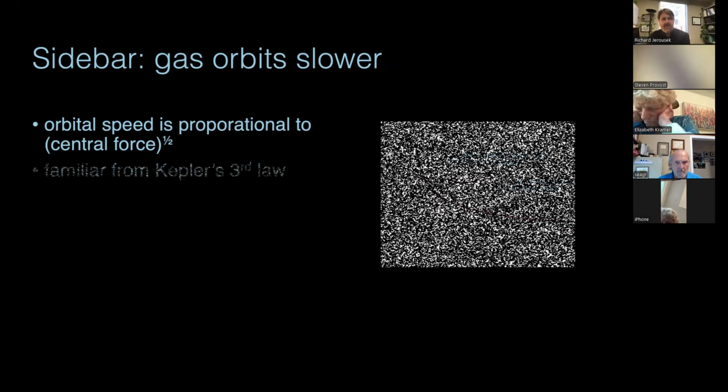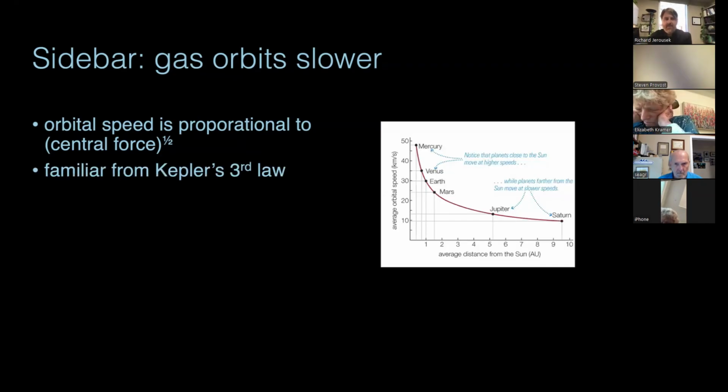This is a familiar example from what's called Kepler's third law of planetary motion. And if you're not familiar with the mathematics of it, the gist of it is that things that are further from the sun orbit slower than things that are closer. So Mercury orbits with a faster orbital speed than Saturn merely because it's closer to the sun.